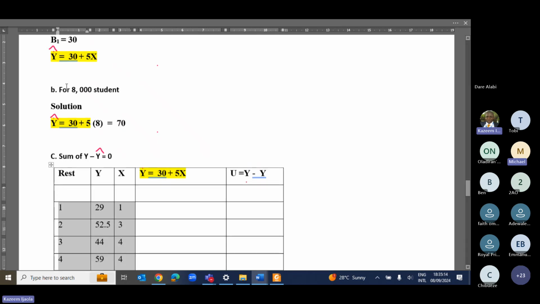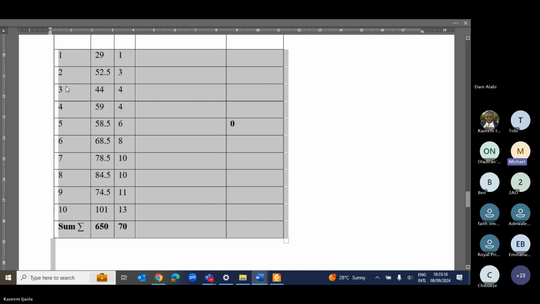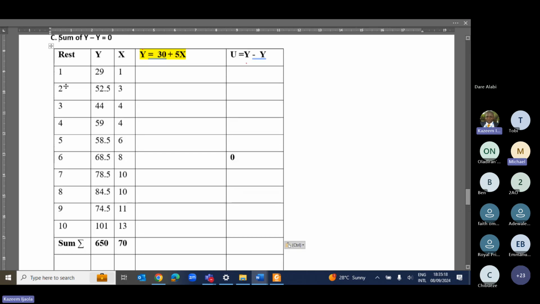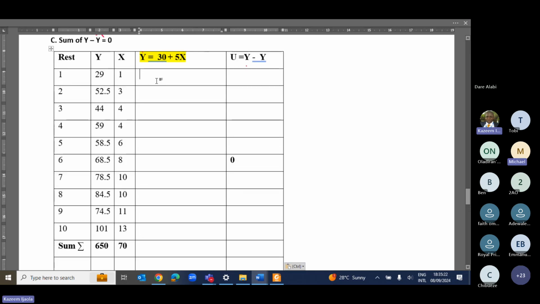Here x is 1, so that means it will be 35. The second one is 45.